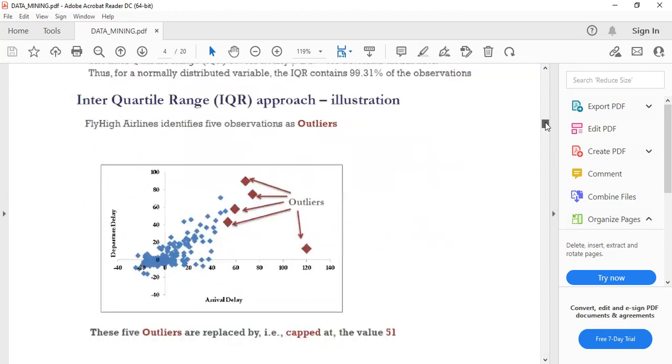Now look, Fly High Airlines identifies 5 observations as outliers. The 5 outliers are replaced by, that is capped at, the value 51.